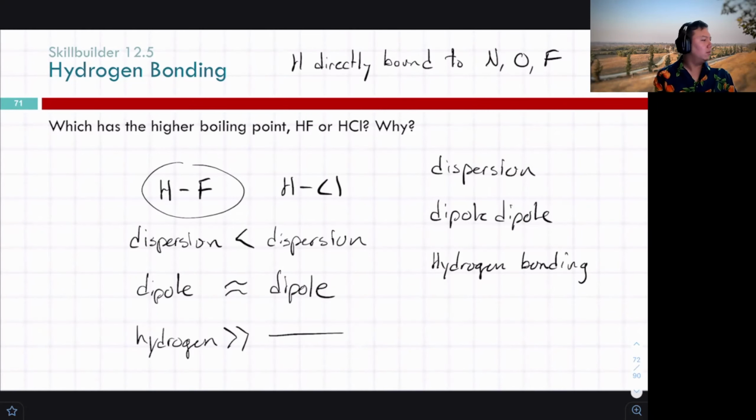What do you mean, what's always? That hydrogen directly bound to nitrogen, oxygen, or fluorine will always be stronger, if you're comparing it to something that doesn't have a hydrogen bond. HCl doesn't form a hydrogen bond intermolecular force.